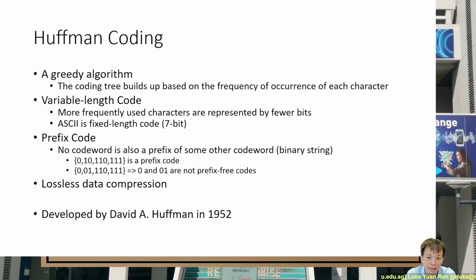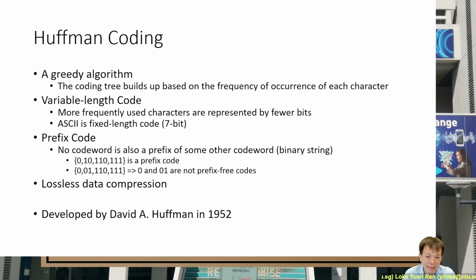So the Huffman coding is trying to think how to use fewer bits to represent the more frequently used characters, and maybe you can sacrifice and use more bits to represent those less frequently used characters.